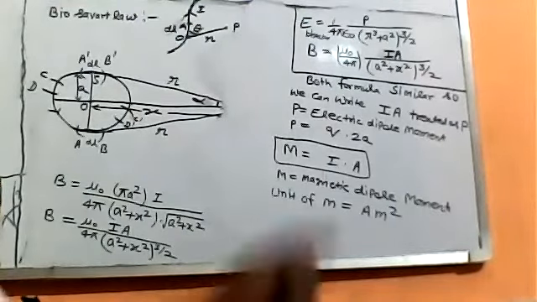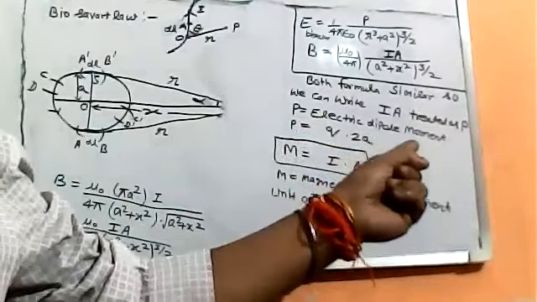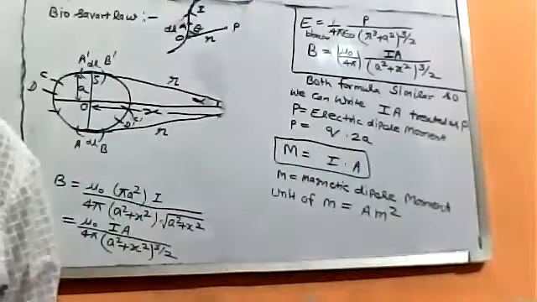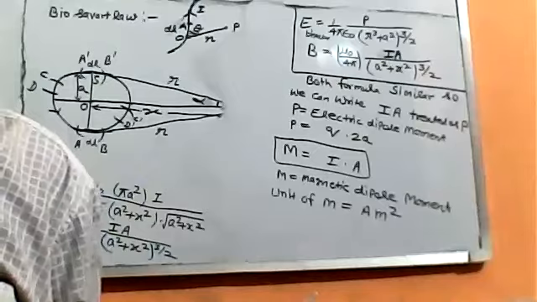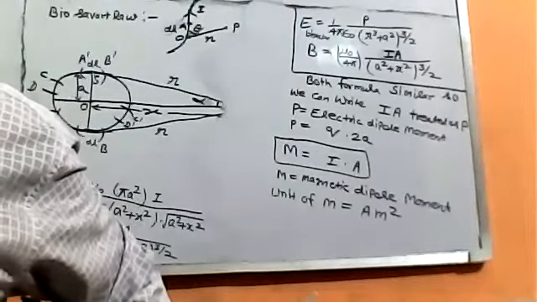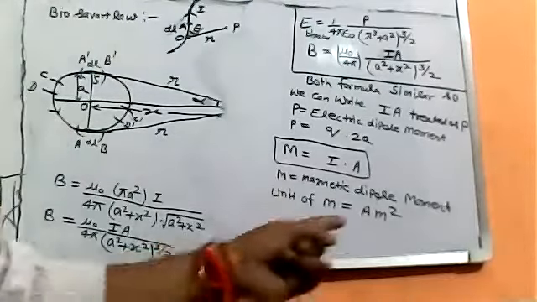Q means coulomb, and 2a is distance, not a square, so only meter. This we have done in the electrostatics chapter in detail. The unit of electric dipole moment is coulomb meter, and the unit of magnetic dipole moment is ampere meter square.